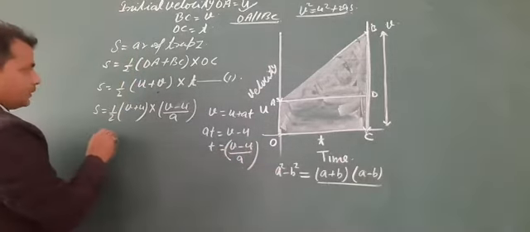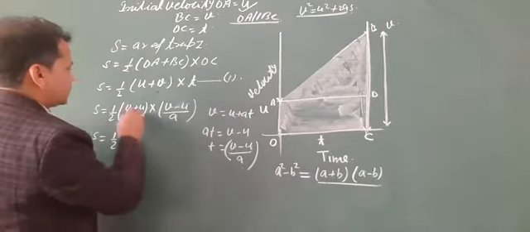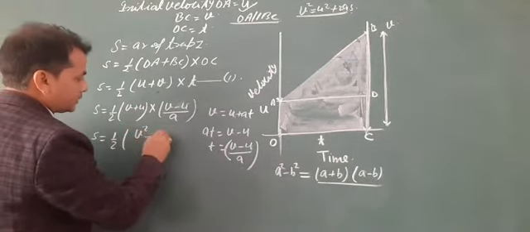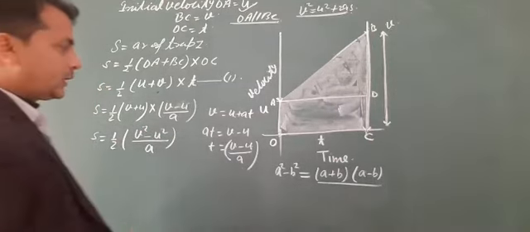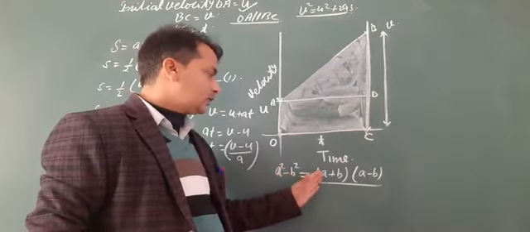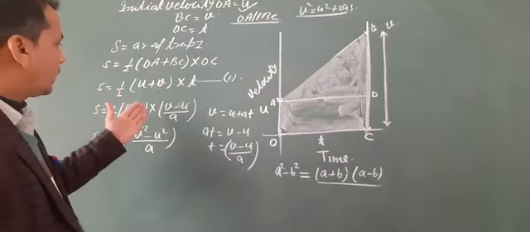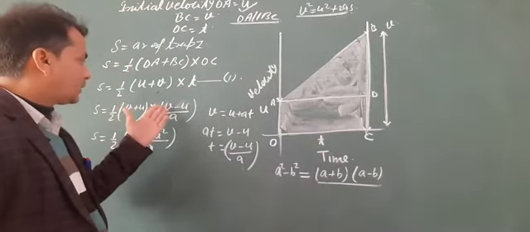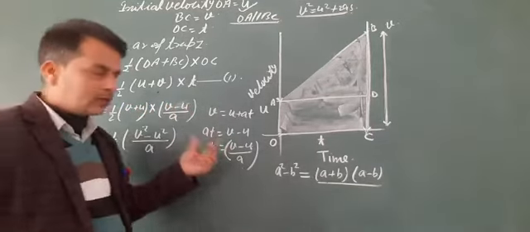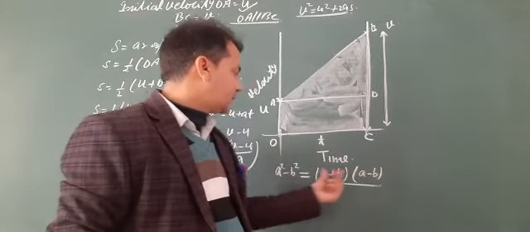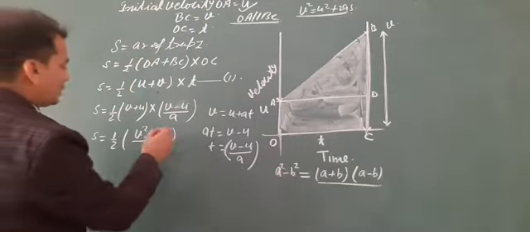Then S equal to 1/2, that is V square minus U square by A. So regarding this identity rule, A square minus B square equal to A plus B and A minus B. In this situation we have V plus U into another bracket V minus U, in the form of A plus B and A minus B, and it makes A square minus B square.